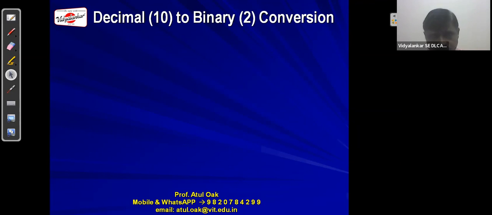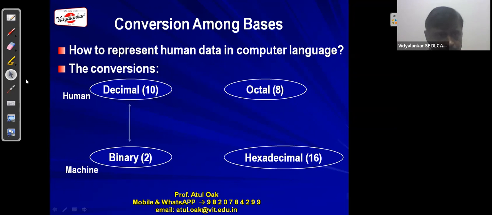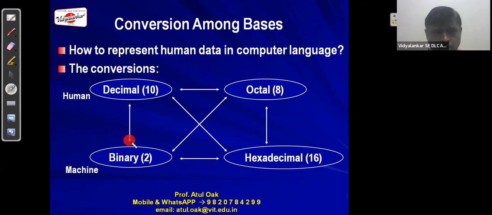Okay, we will start with a conversion from decimal to binary. Here we will start. Let me point it. This conversion we are going to start. Human talks decimal, get into machine called binary. And we are only going to focus on integer data.